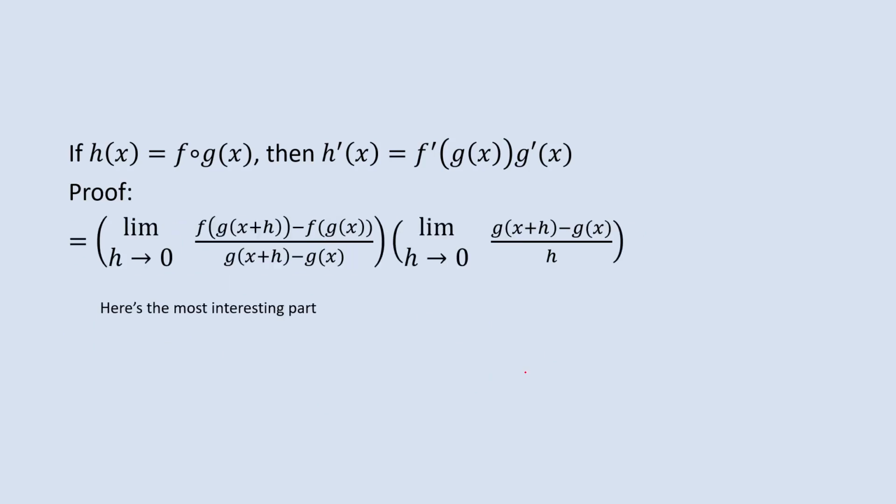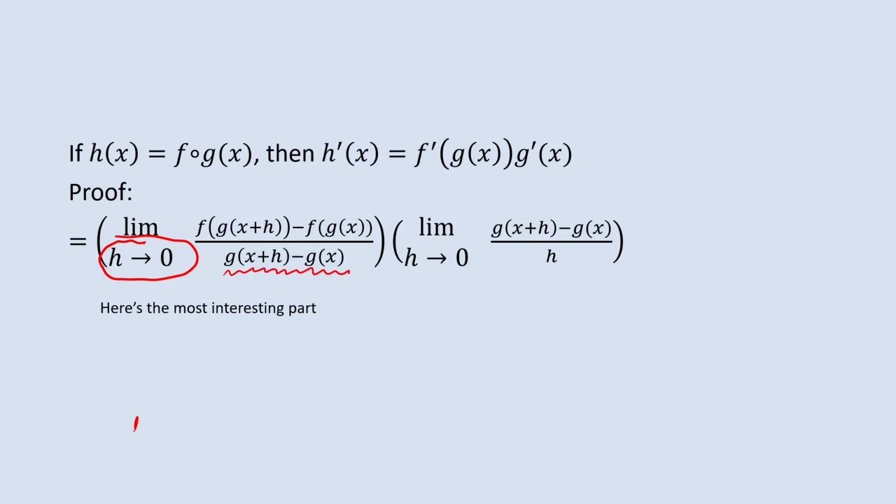Now this is where the proof gets pretty interesting. h is representing the horizontal distance between 2 points, while g of x plus h minus g of x is representing the vertical distance between 2 points.